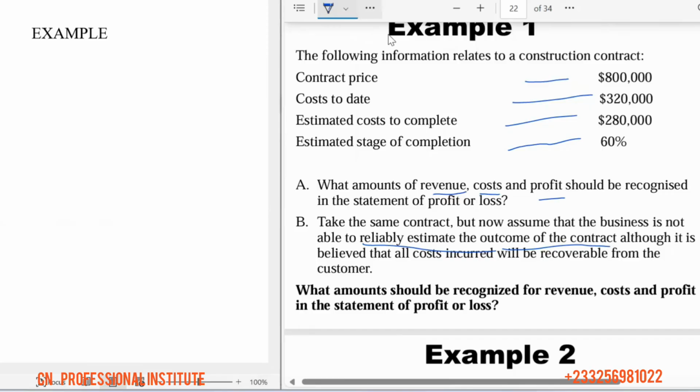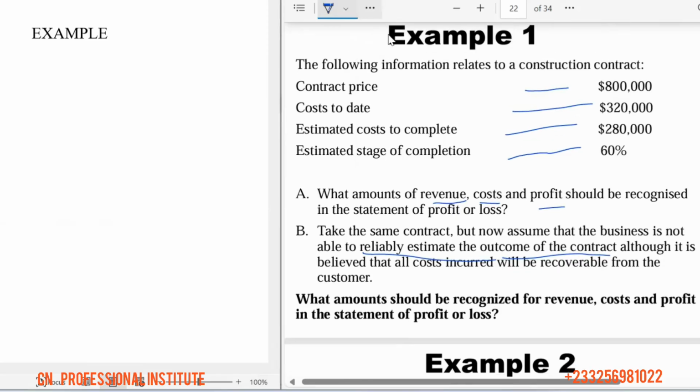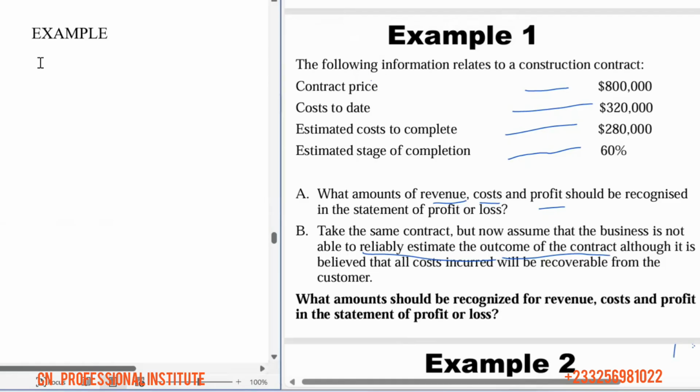Okay, so we have this question here that we have to work on. So let's start. The first thing we do is we compute what we call overall profit or loss, right?